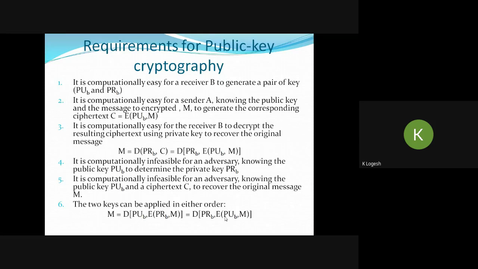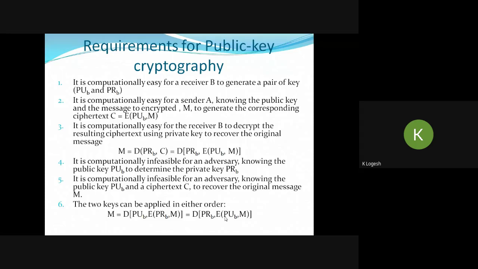Even though you have the public key of B, you can't determine the private key of B. Then the fifth one: it is computationally infeasible for an adversary knowing the public key and the ciphertext.